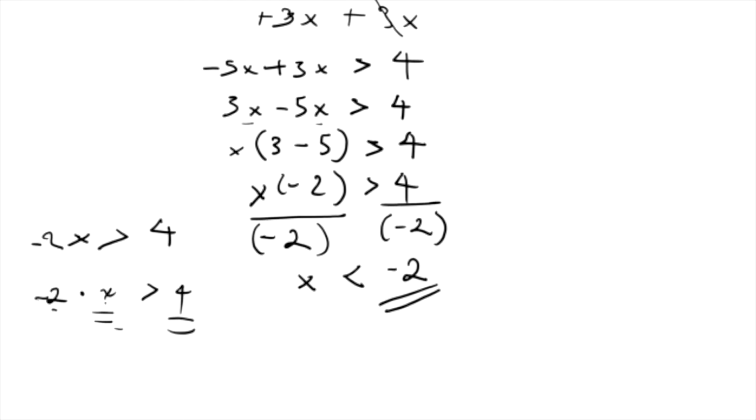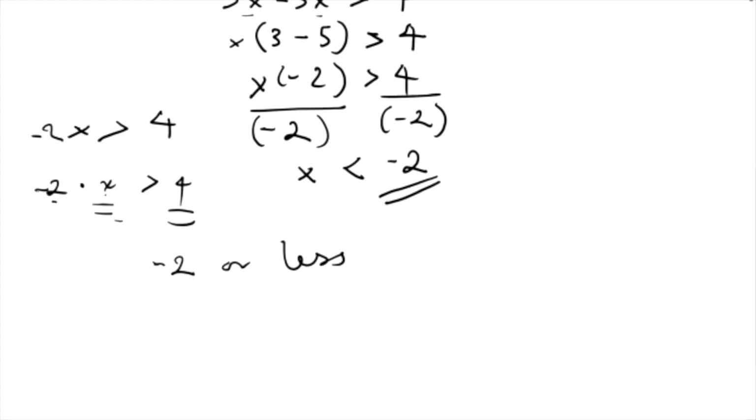Well, that simply means that this number has to be negative 2 or less. That's the only way we can get something to be 4 or greater. I hope that helps clarify things a little bit.